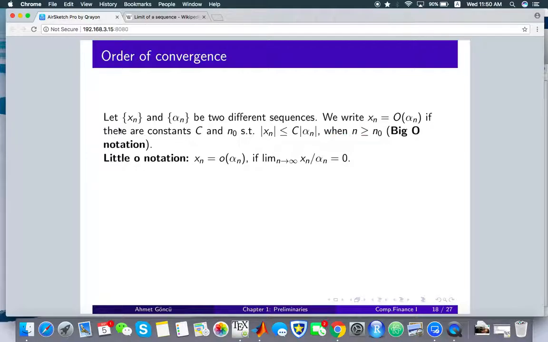So in other words, for all the n values after a certain value n_0, we can always bound the sequence x_n by the other sequence alpha_n.